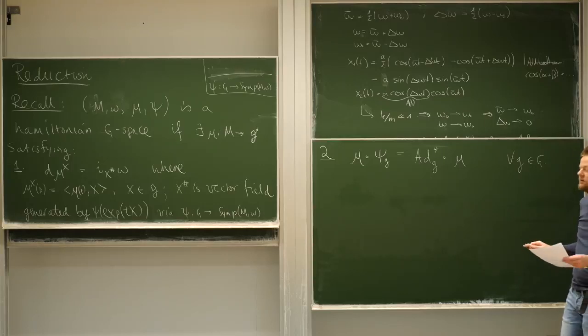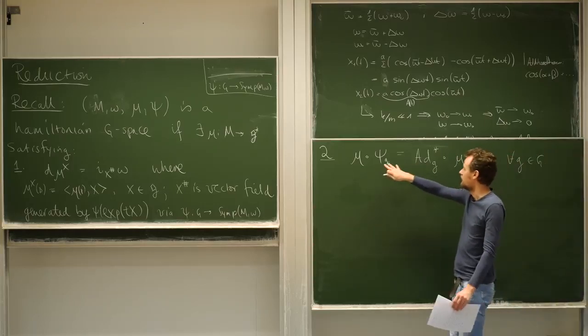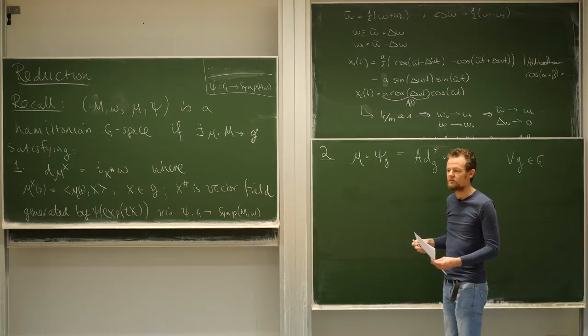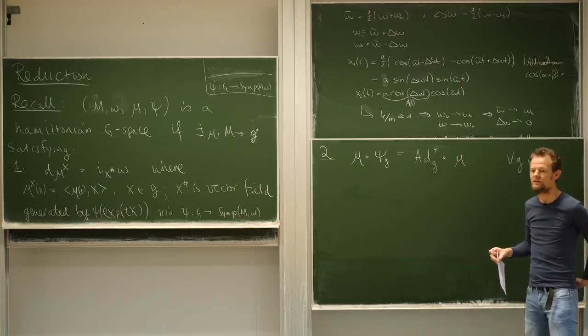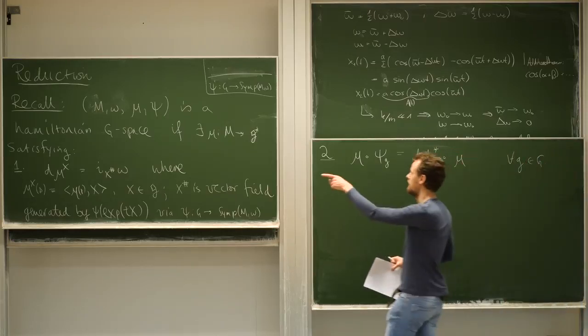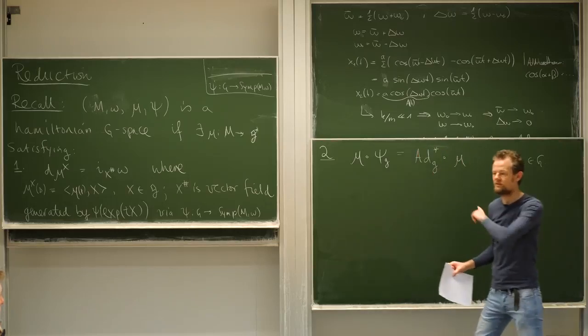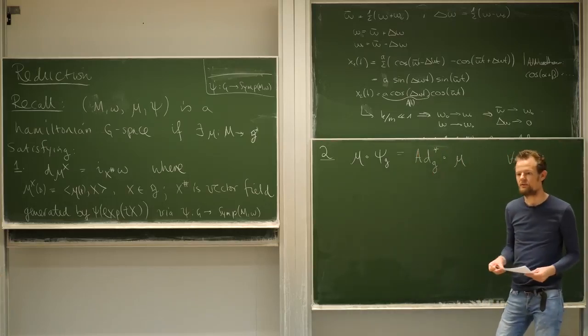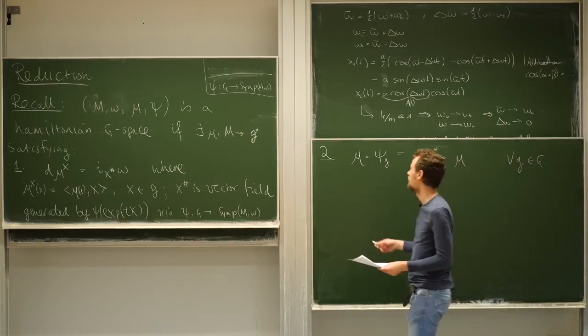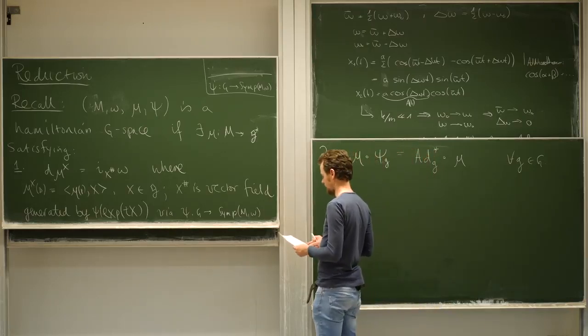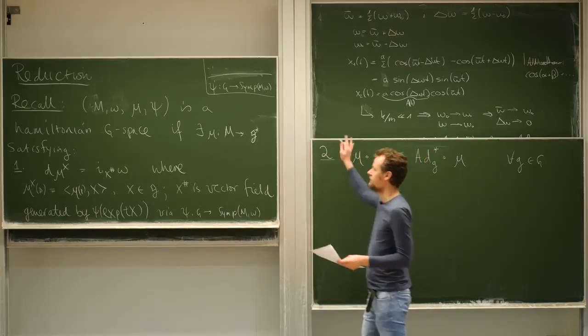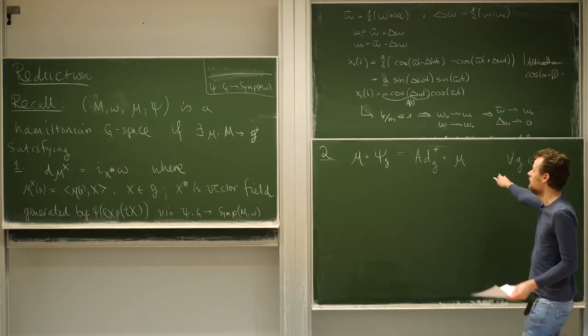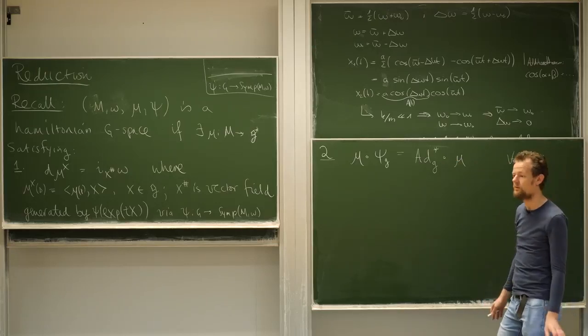And remember, under certain conditions, this is actually equivalent to saying that mu is like a homomorphism between two Lie algebras, namely the Lie algebra of the group G and the Poisson algebra of the functions generated on the manifold M. So this is just a reminder of what this thing called a moment map is.